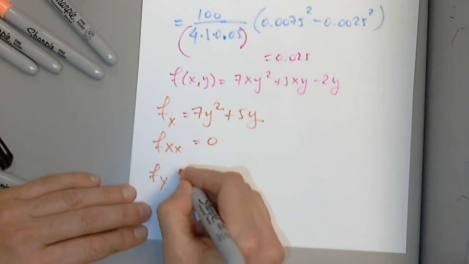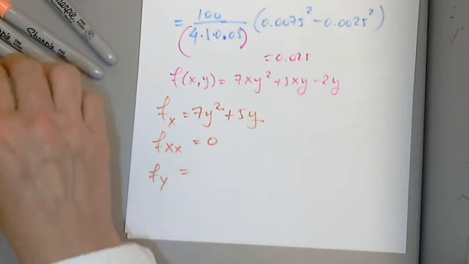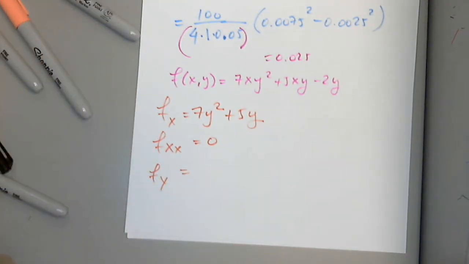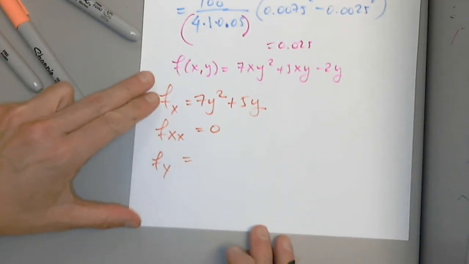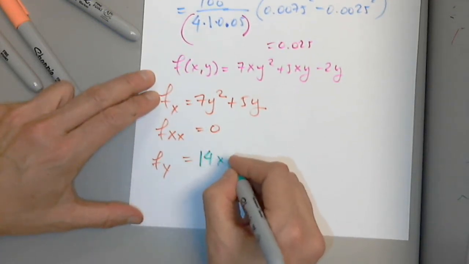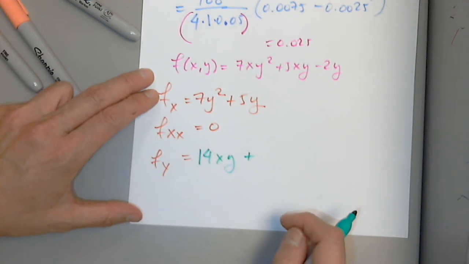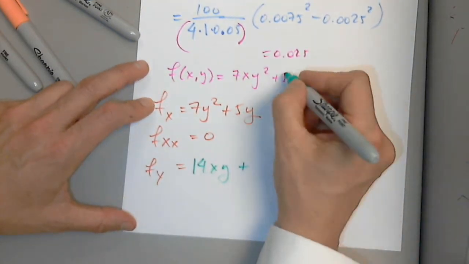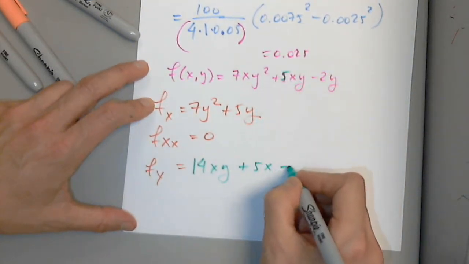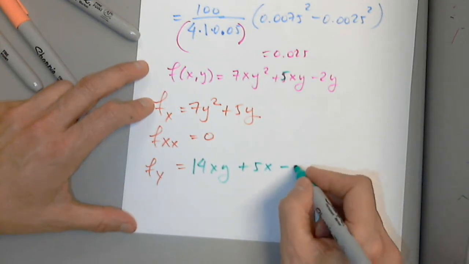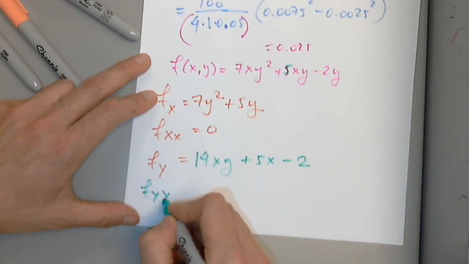Let's find fy. Yes, it is 14xy plus, indeed, minus. That's it. Let's find fyy.